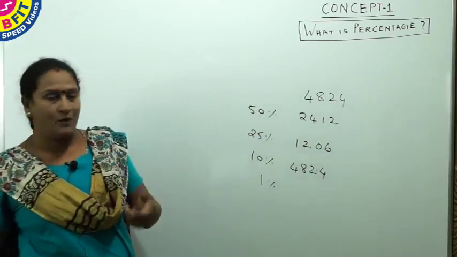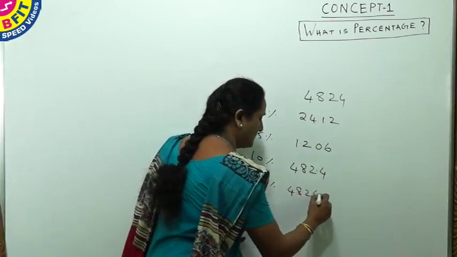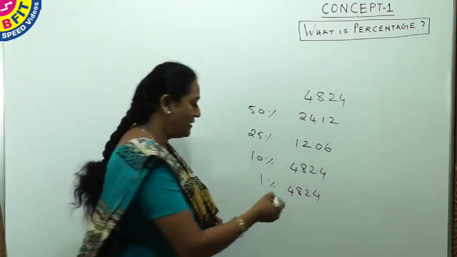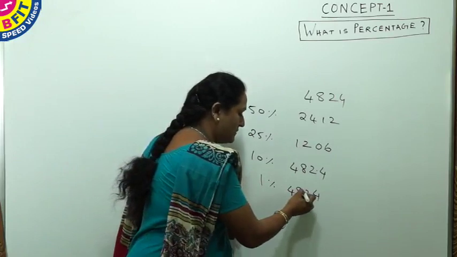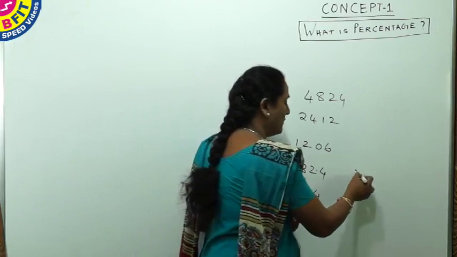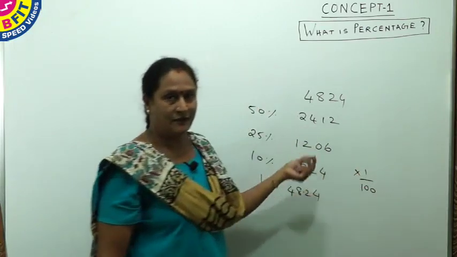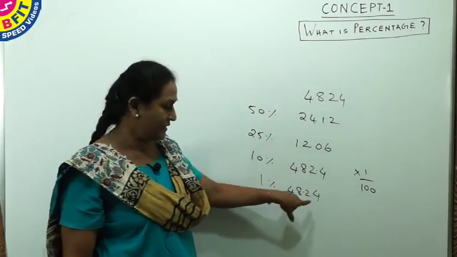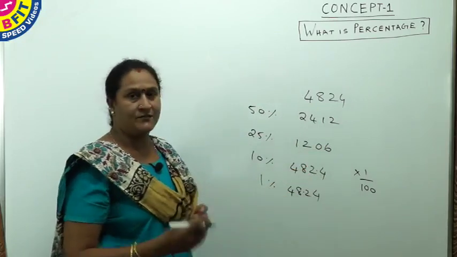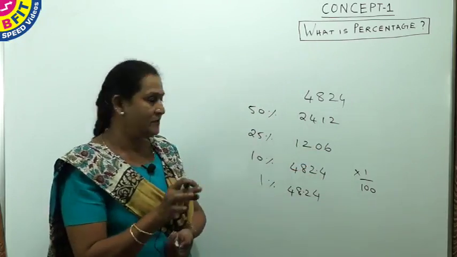If you need 1%, whatever the value is, place a decimal after two integers from right to left, because it is into 1 by 100. You are dividing the given number by 100, so put the decimal after two integers from right to left. With this you can coin any percentage which is asked.